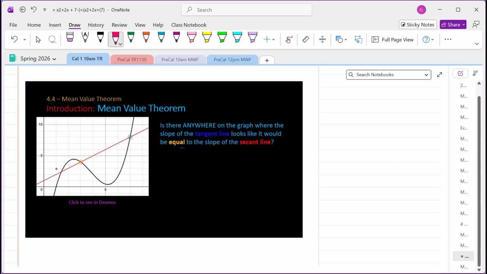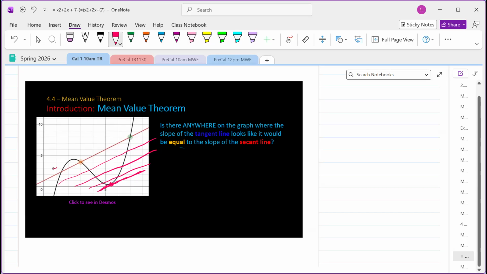So if I take parallel lines to my secant line, are there places where I could stop my parallel line and I'm going to cross the curve in one point in a tangent way? So if I just start sketching parallel lines, I can see there's a point down here.